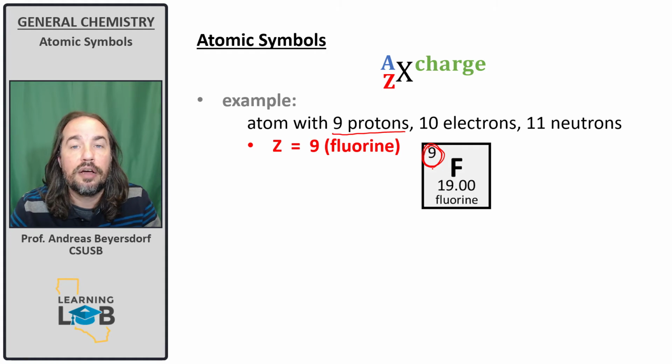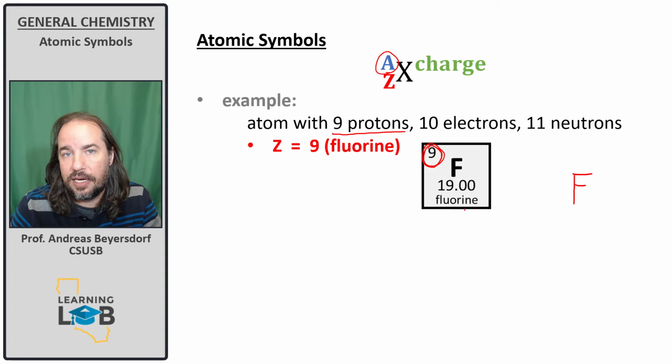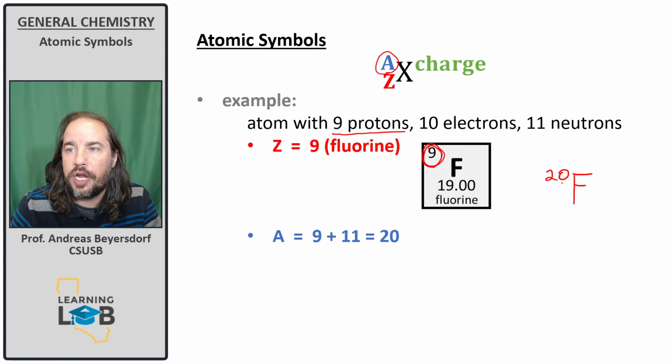That's where we find it on the periodic table. So this is fluorine. Now the next thing, the mass number, we can determine by the number of protons plus the number of neutrons. So 9 plus 11 equals 20. So that means we would put a 20 to the upper left-hand corner.